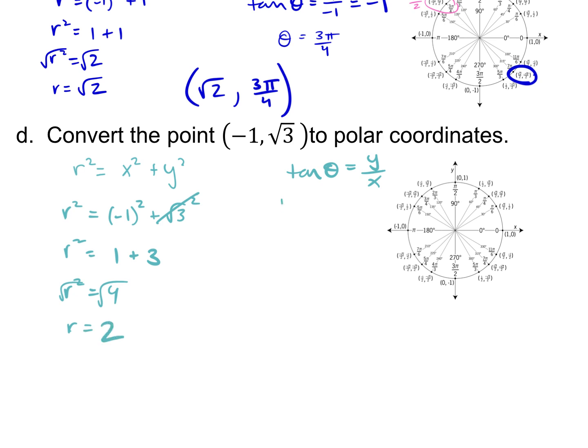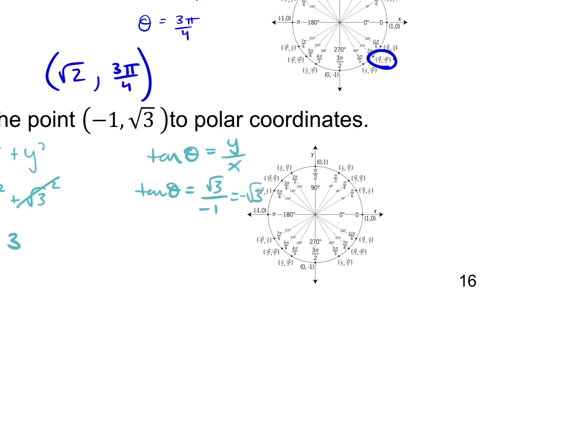Now let's find theta. Tangent of theta is equal to square root 3 over -1, or negative square root 3. Let's graph this to figure out which quadrant we're talking about. I'm going to go to the left to -1 and up square root 3. So our point's going to be in the second quadrant.